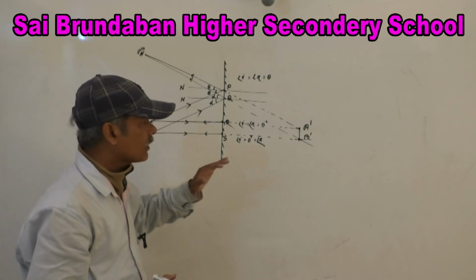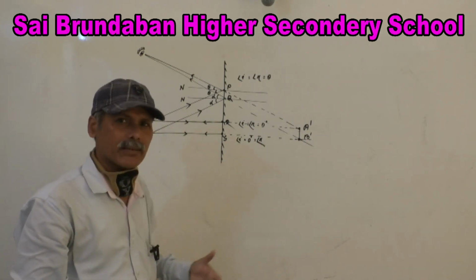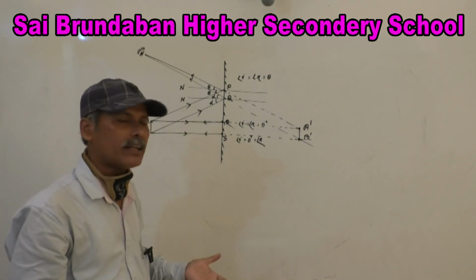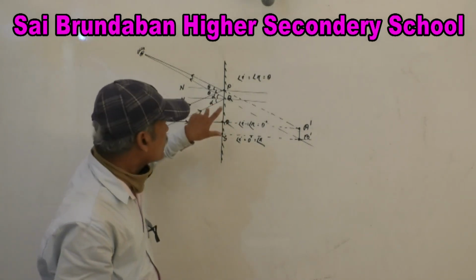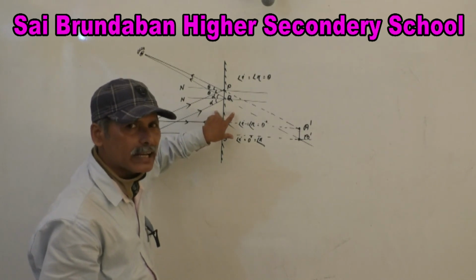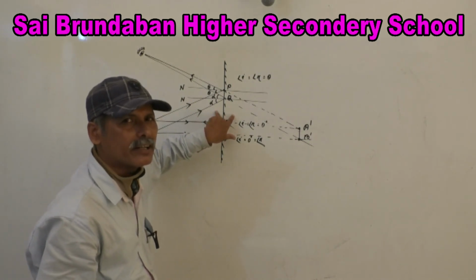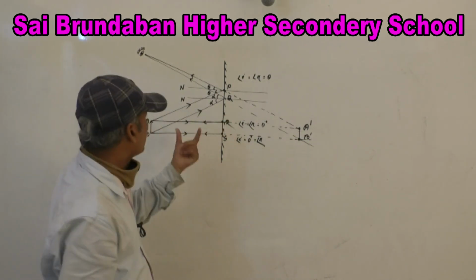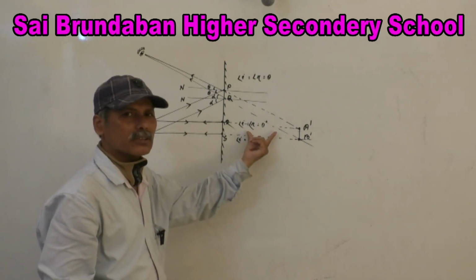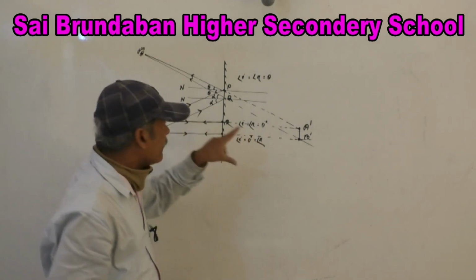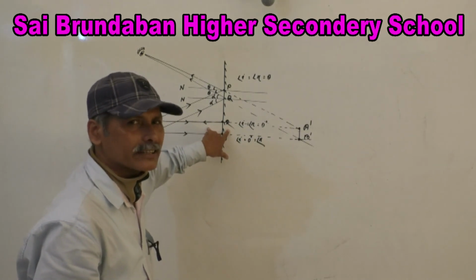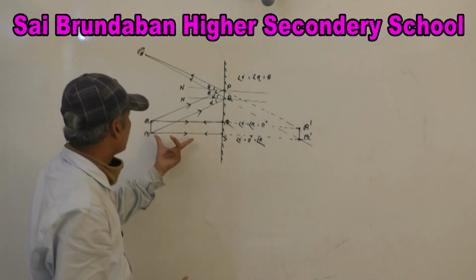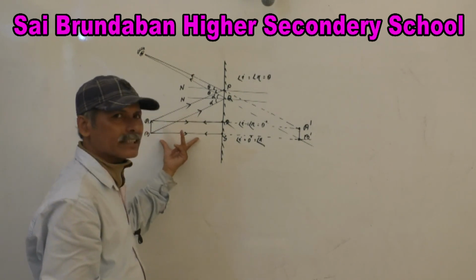Before, I have explained, in the same way you can prove it. Make the two triangles congruent to each other, then this side will be equal to this side. Make the two triangles congruent to each other, then you will get this is equal to this.